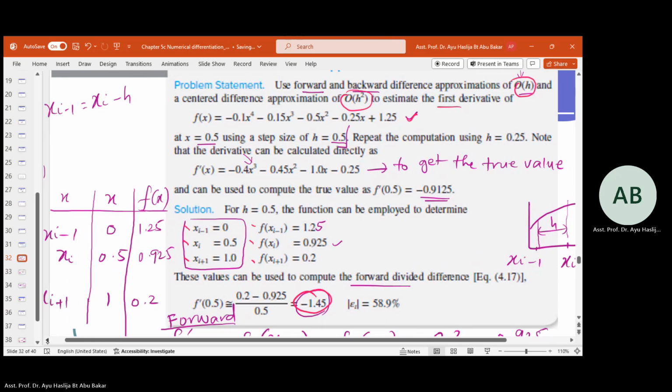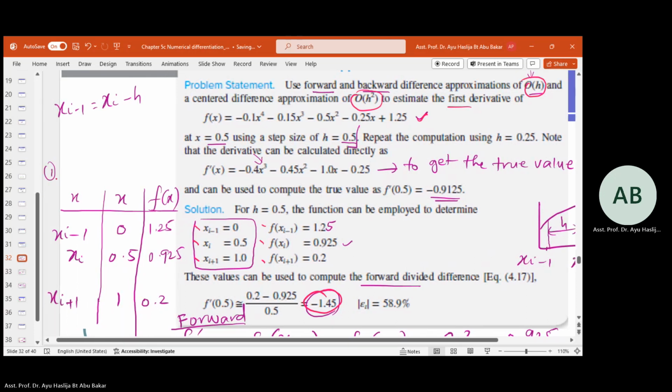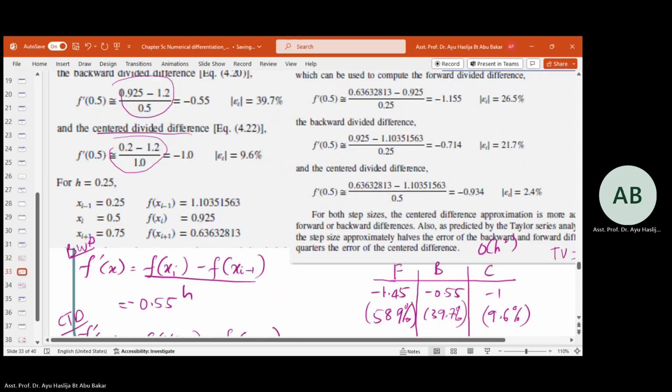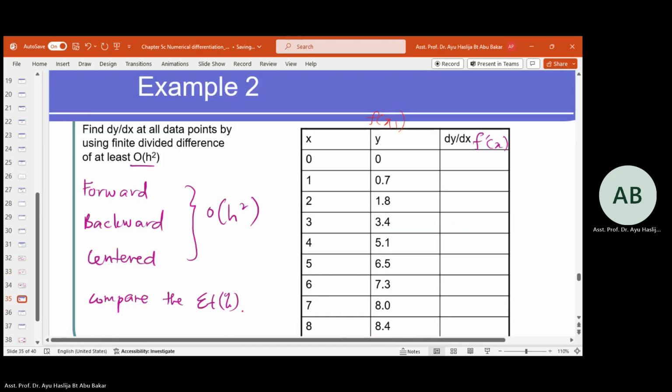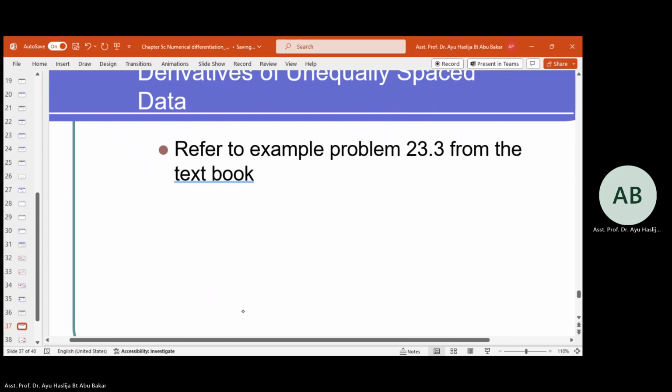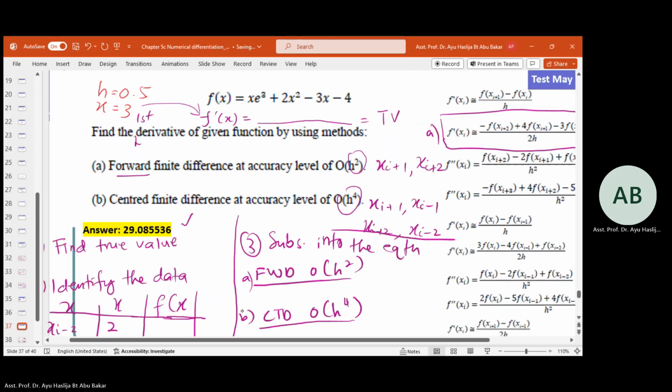Okay, find the x values and f(x) values, then plug the values into forward, backward, and centered. I want you to try this one.